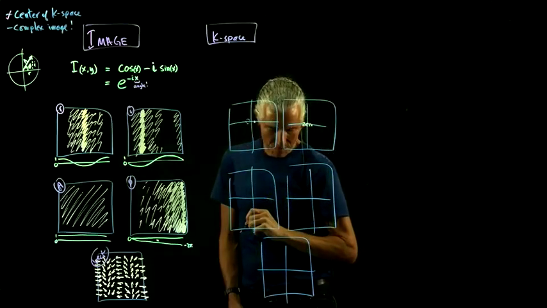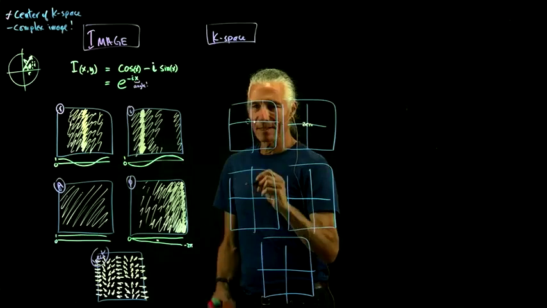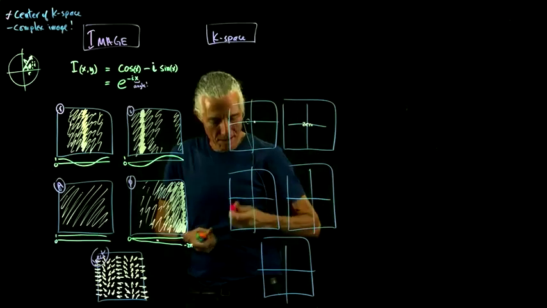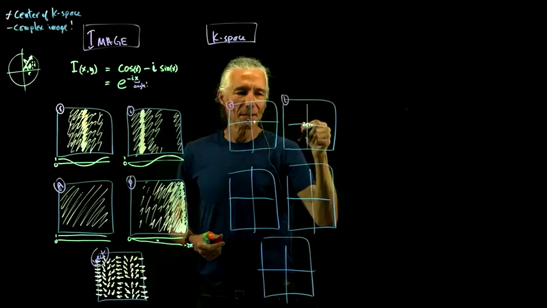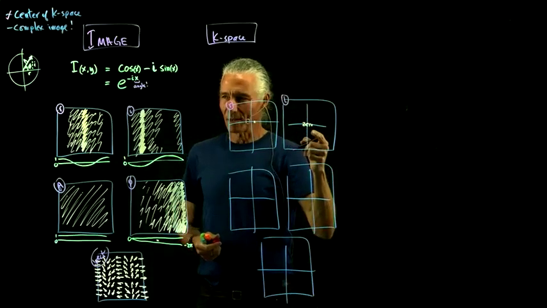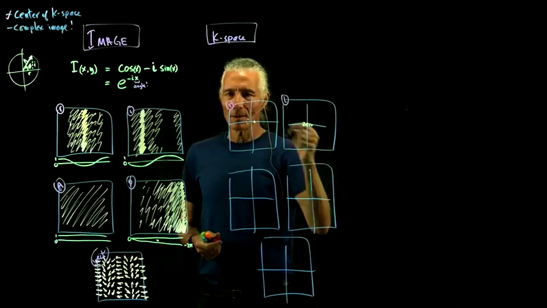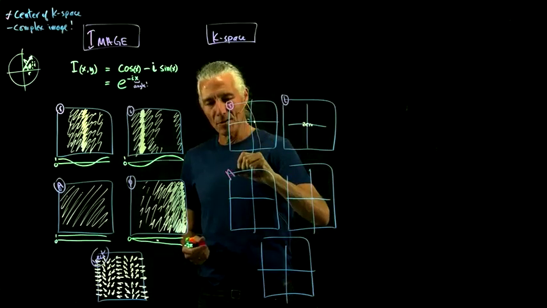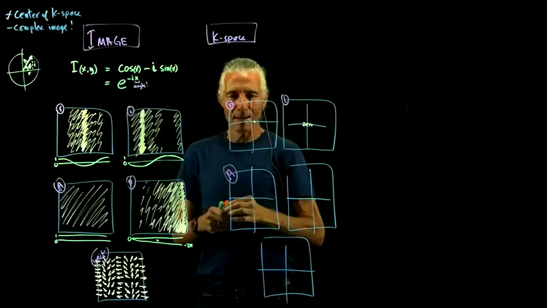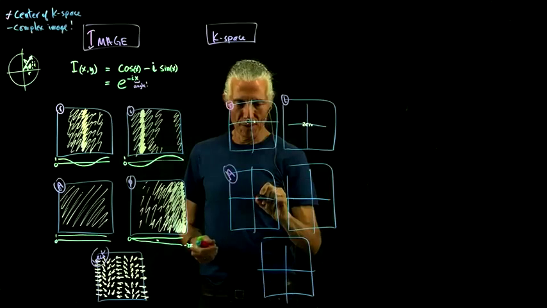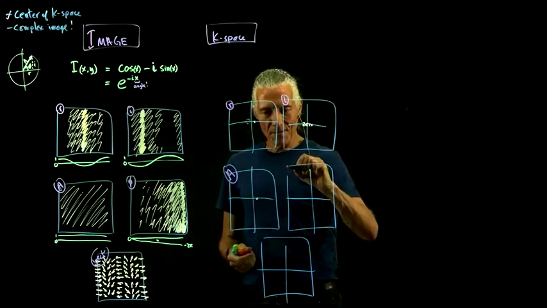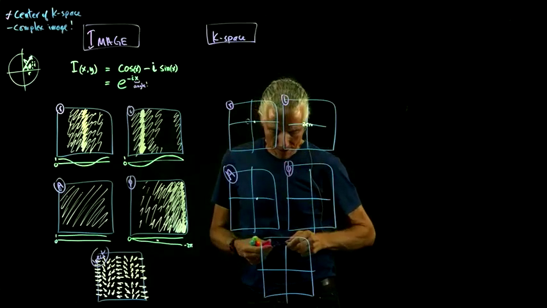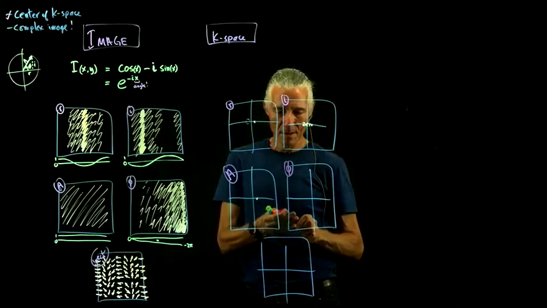So here's real and imaginary. And not the phase, the imaginary part is going to be 0. Imaginary part over here is going to be 0. And the amplitude is just going to be the same as real. So there'll just be one point over there. And the phase will also be 0, all 0.